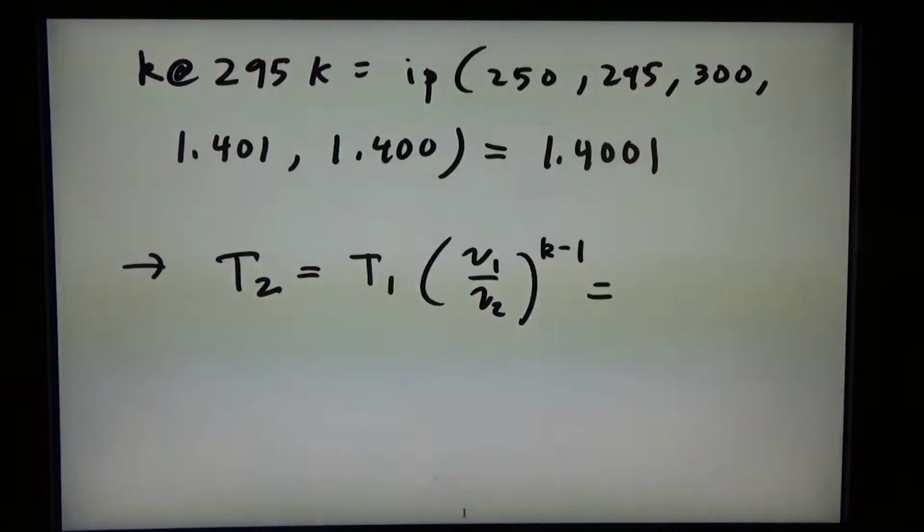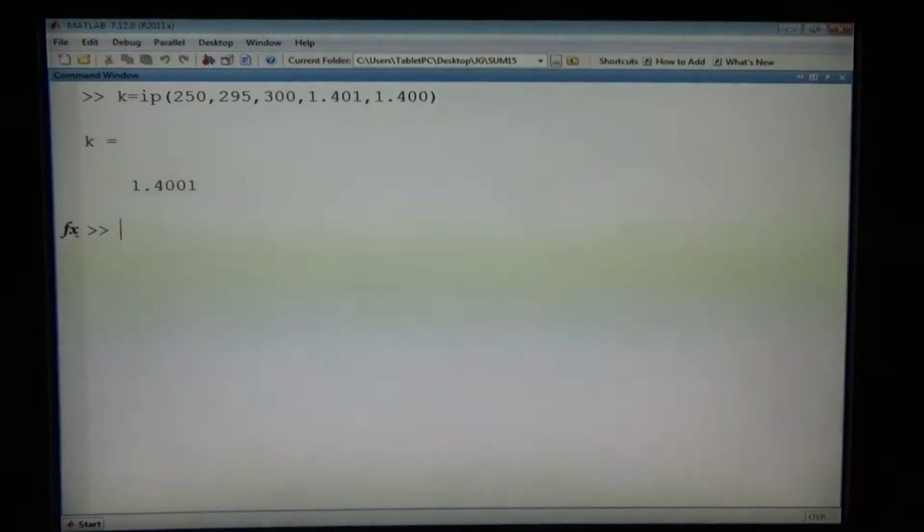And remember, V1 over V2 is just 8. So for T2, we get T1, 295, times the ratio of V1 to V2, which is 8, to the power of k minus 1.